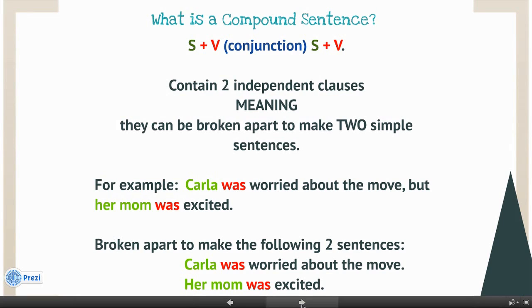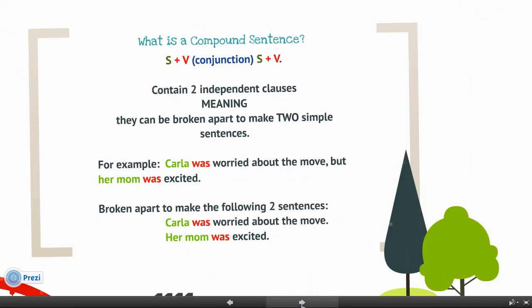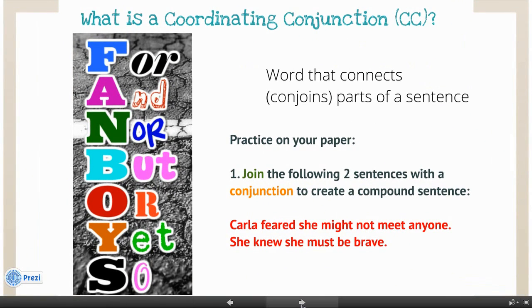Now you may be saying, well, I understand that a compound sentence has two simple sentences in it, but what is a coordinating conjunction? So a coordinating conjunction is a word that connects or conjoins parts of a sentence. Let's look to the left. On the left, we have the word FANBOYS written down the side of a few words, and this is an acronym for the coordinating conjunctions that are possibilities.